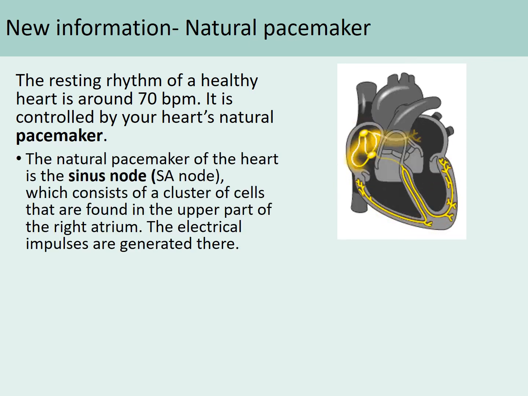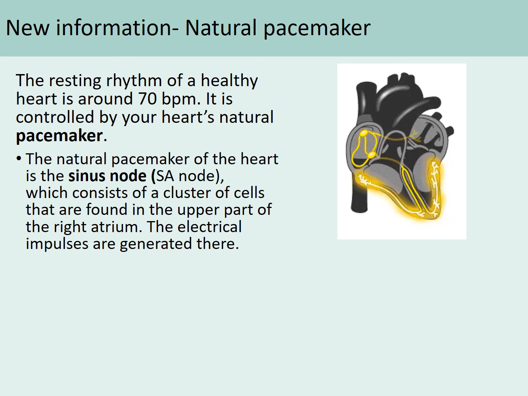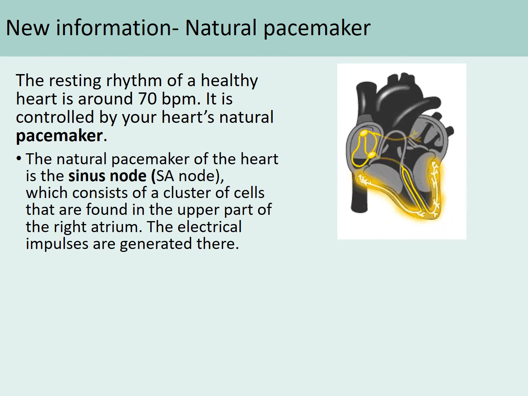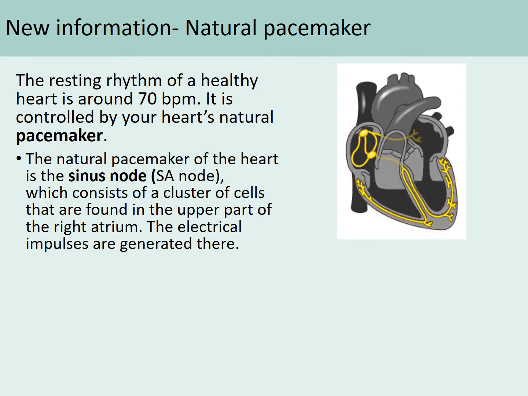Okay, now you do not need to write this bit, but it's just going into a bit more detail of how it works. So if you look at the diagram, you'll see that there are some yellow lines. Those are showing nerve fibers. So they are bundled together with loads and loads of neurons. It makes a nerve.